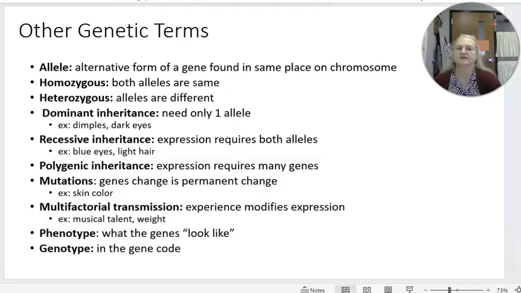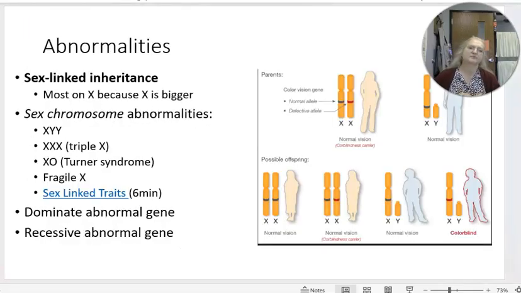The next slide is pretty much more of the same ideas. I have talked about some of these, but these are illustrations of these sex-linked inheritance ideas. Keeping in mind, you have some images here to think about: the X gene is bigger and there's more space for material, and the Y gene is smaller.